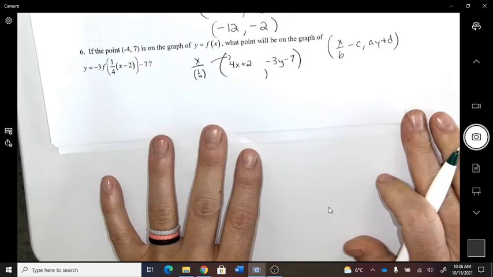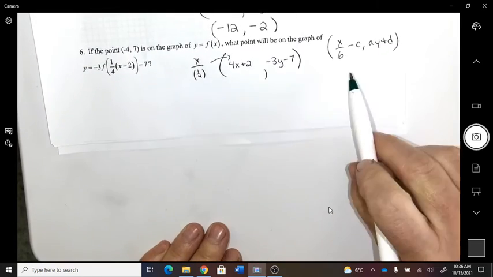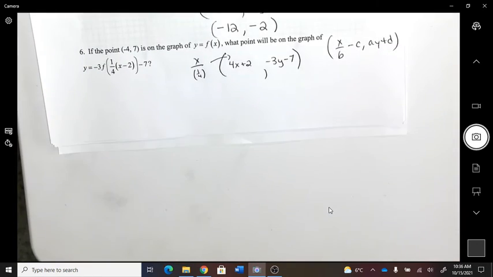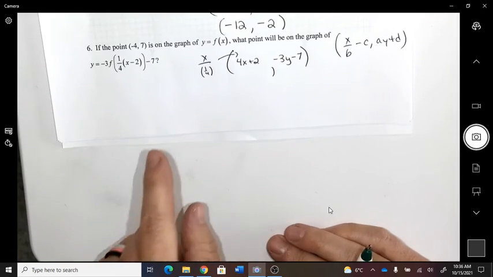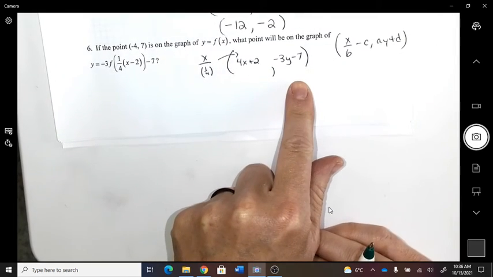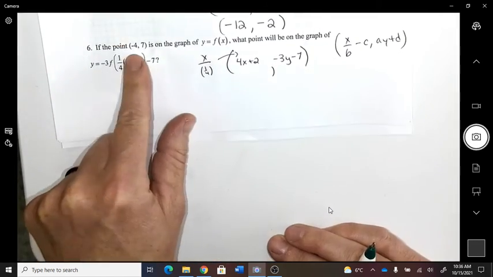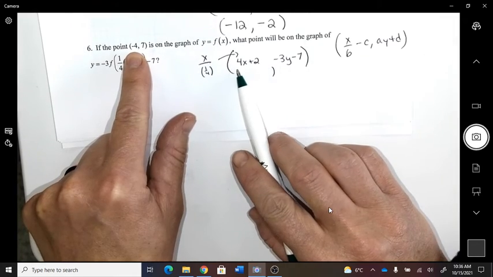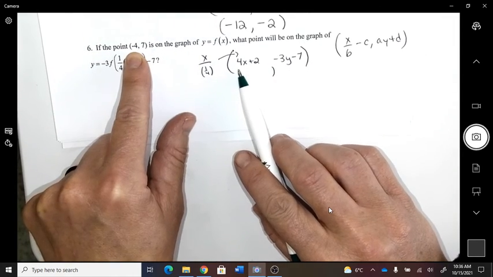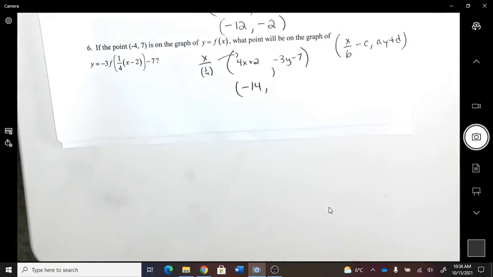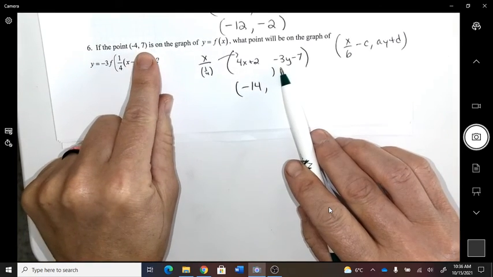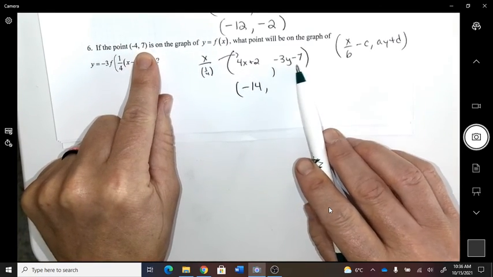Everyone's got that memorized with their original statement, like that? Okay, so can you get me a new coordinate? Are we okay with that? Did we match those numbers? Okay, so 4 times -4, -16 plus 2. -3 times 7, -21 minus 7 more.